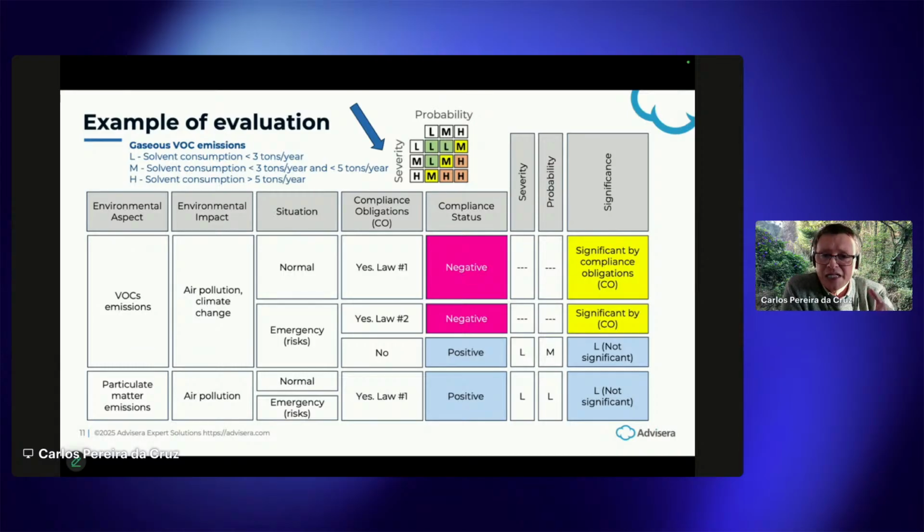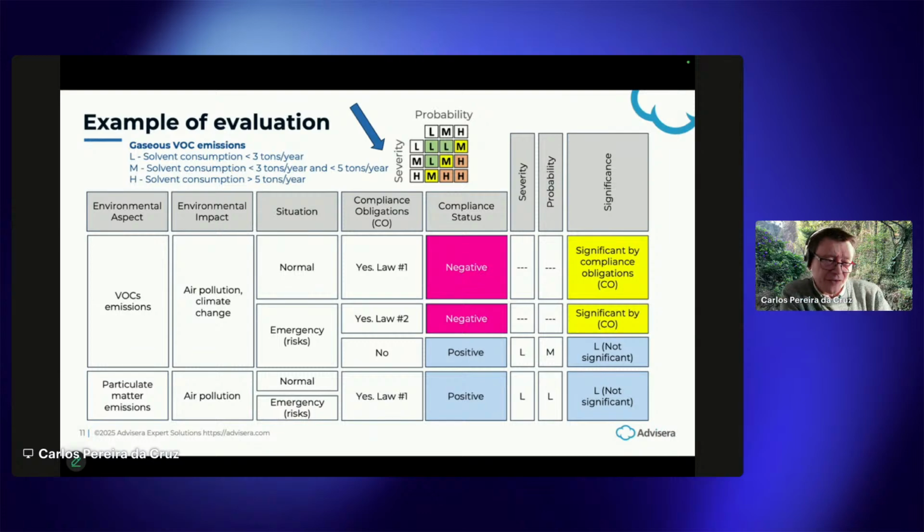Now Cyrilla asked, how to evaluate environmental aspects? So that's an example here. To evaluate environmental aspects, we apply clear and consistent criteria to decide which aspects are significant. ISO 14001 allows flexibility, but organizations typically use 4 criteria.